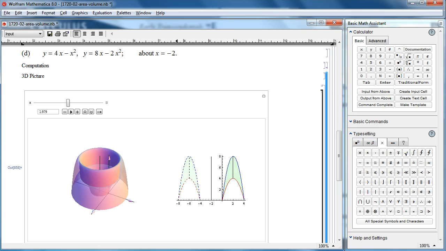Given an x-coordinate value, you get this line segment here, and rotate it with respect to x equals negative 2, this vertical line there. Now, what is the radius of this rotation? It's not just x, because x is the distance between this line segment between the parabolas and the y-axis. You have to go a little bit further, so it's not x but x plus 2.